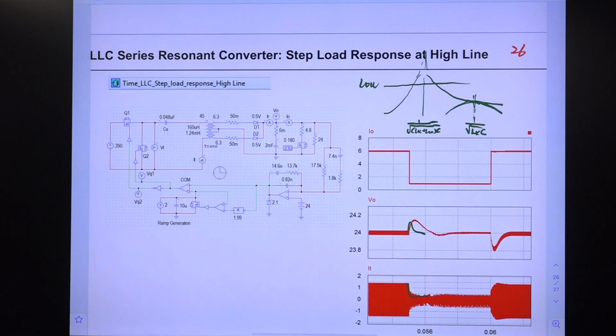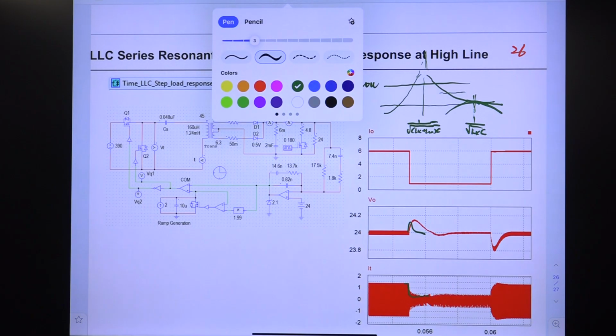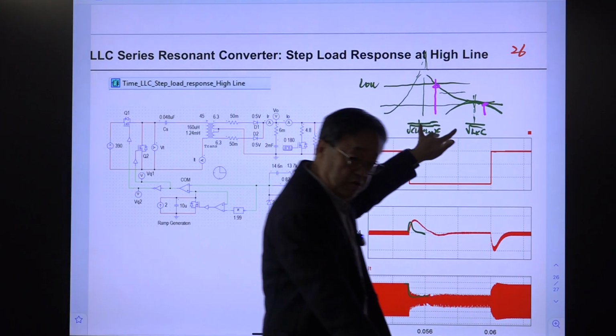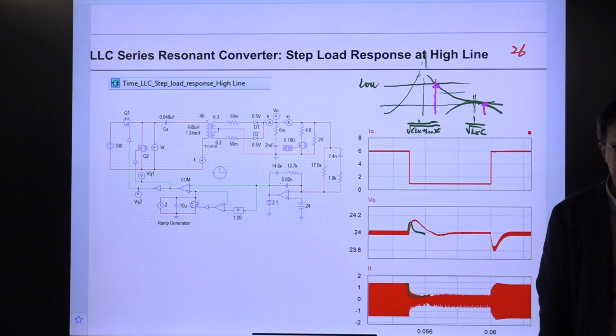This is low line. This is the high line case, somewhere here. Then the switching frequency for the low line should be located here, and for the high line, the switching frequency should be located here to get the output voltage regulated. That means there is a huge variation in switching frequency. This created a lot of problems in the past.